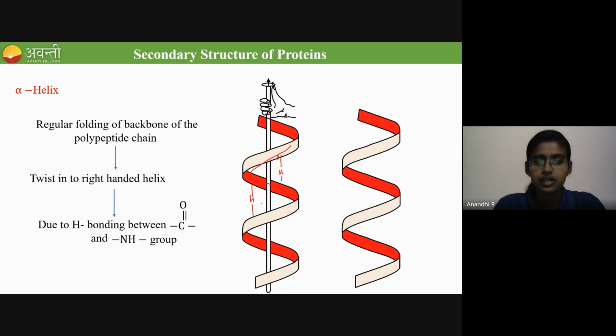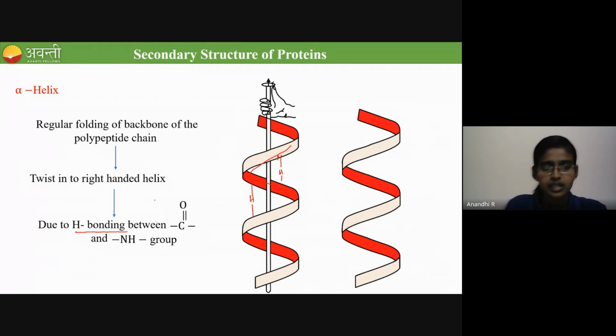That hydrogen bonding is between the carbonyl group of one amino acid and the NH group of the other amino acid. So what is the name of the interaction present here? It is hydrogen bonding, which is very weak, but still that interaction keeps the helix together. Got it? So this is about the alpha helix.